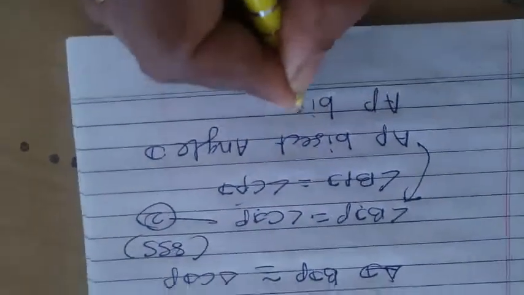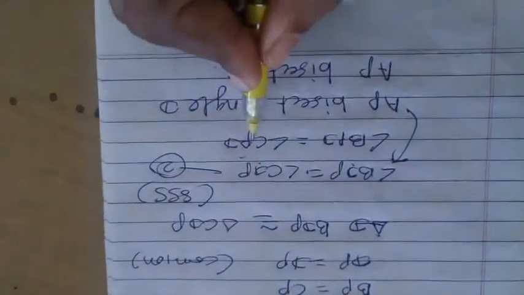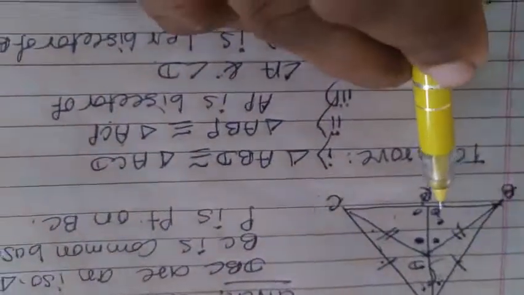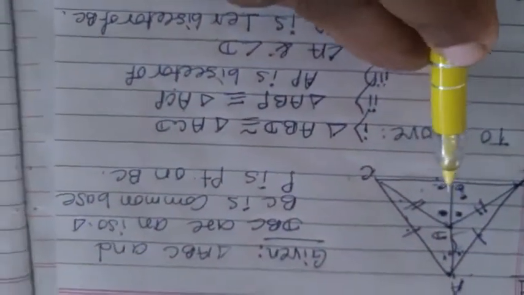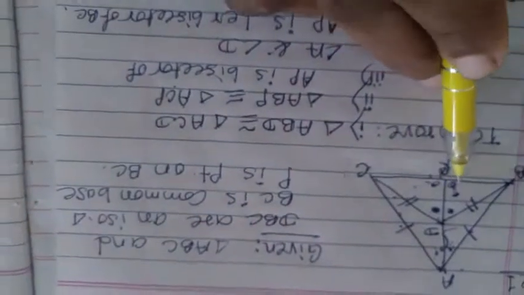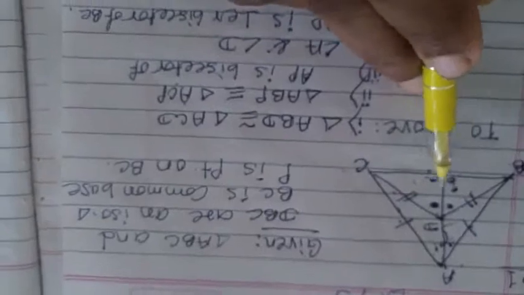AP bisects BC. Again these two angles are equal, BPD and CPD, both the angles are equal and both are in linear pair, means both the angles are of 90 degrees. Both are equal, means x and x, the sum of linear pair angles is 180, so each will be 90 and 90.